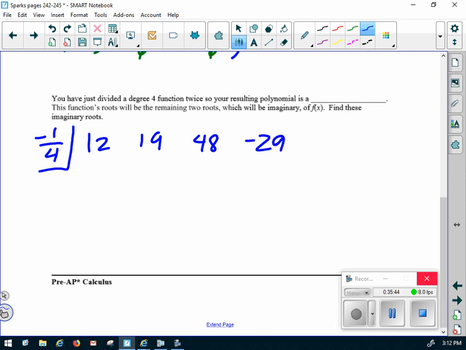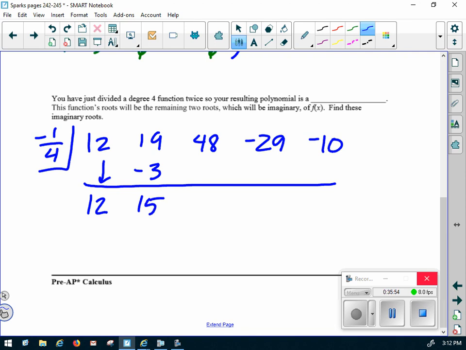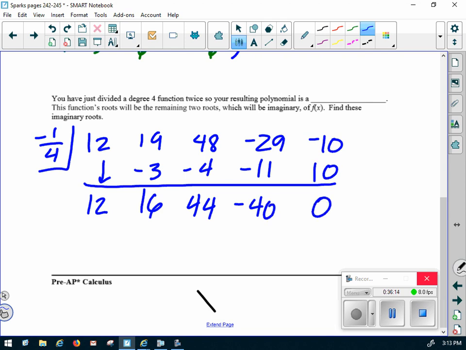And we're going to pray for numbers that will divide by 4. Is that right? Well, it would help if I could add and subtract. 16, is that better? Negative 4. Woohoo! We got one.